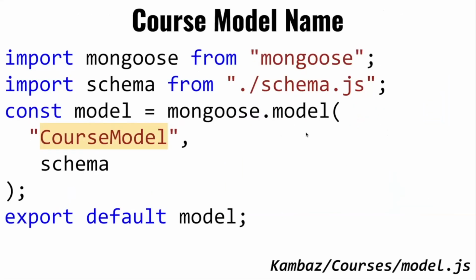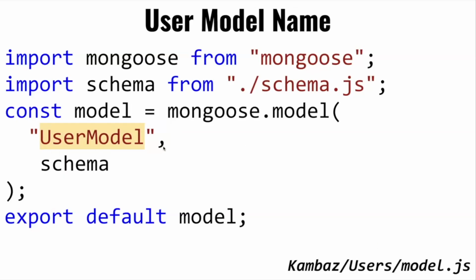So if you remember, we had declared courses and users in respective models files, and we had chosen unique names for each one. For courses, we chose course model, and for users, under the users model, we chose user model. And we had said that they weren't very consequential.